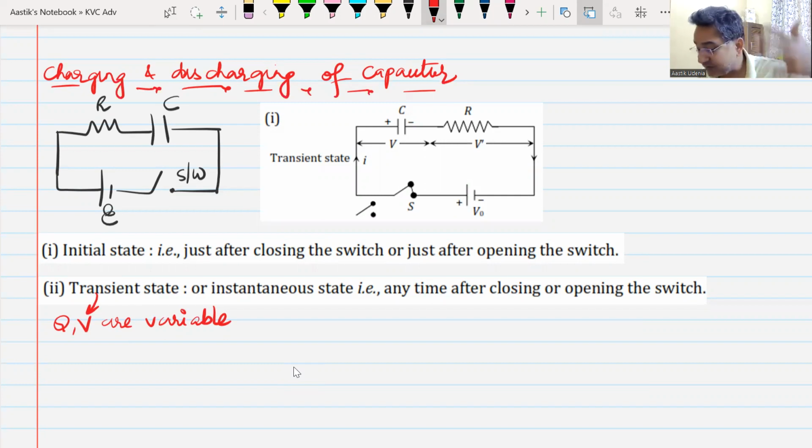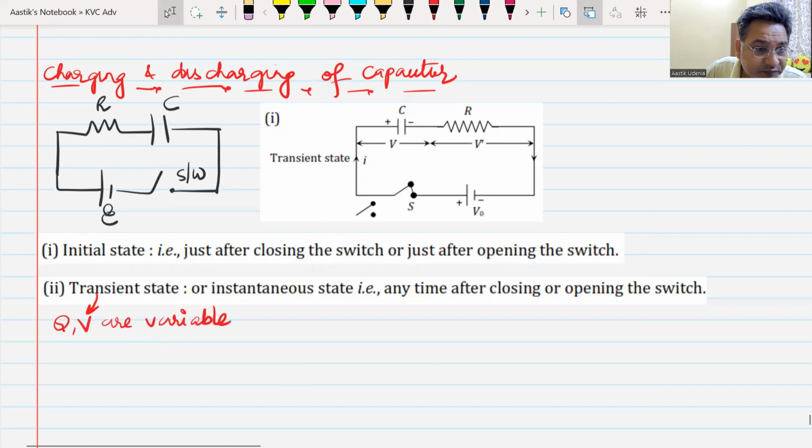This is known as the process of charging of the capacitor. Do we understand this? Yes, sir.